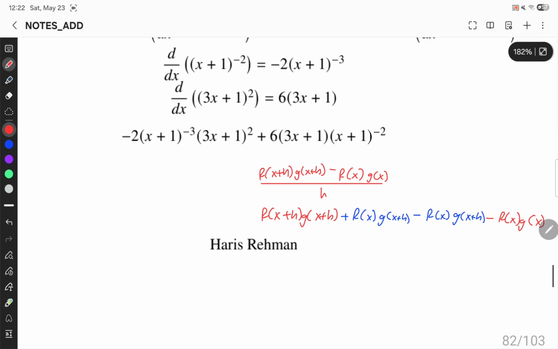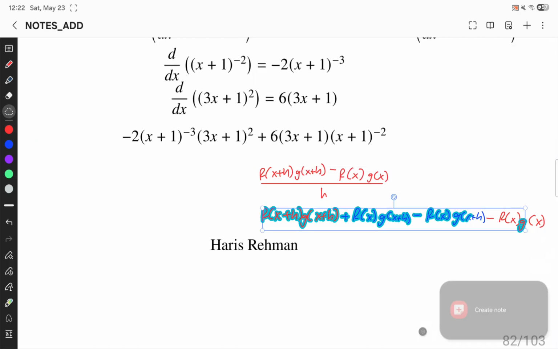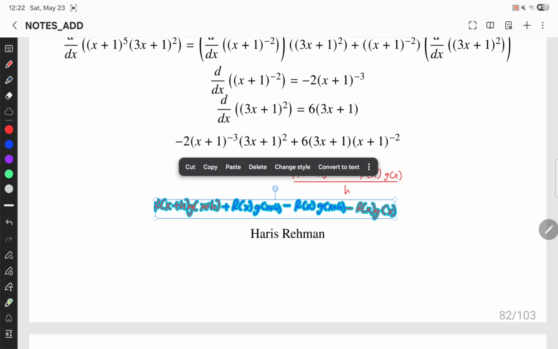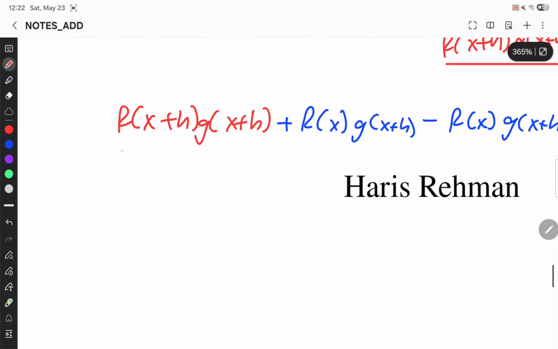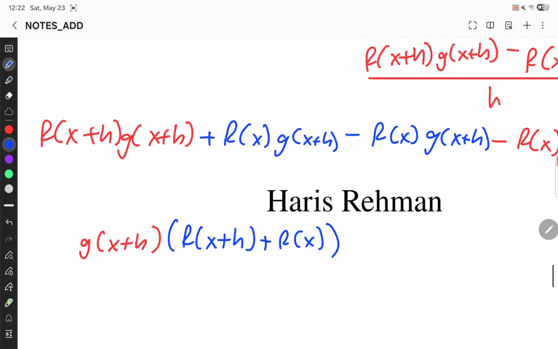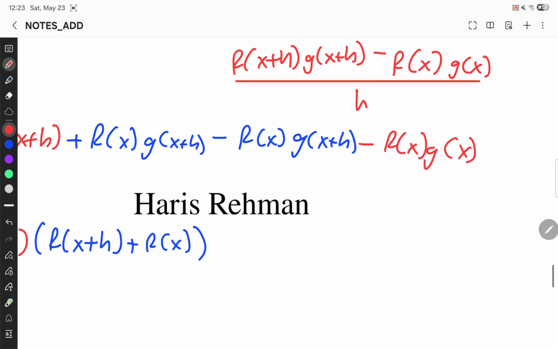Next, we will factorize this whole line. Doing so, we get what? Well, these first two terms have g of x plus h in them, so we will do g of x plus h times f of x plus h plus f of x. And we also have this.